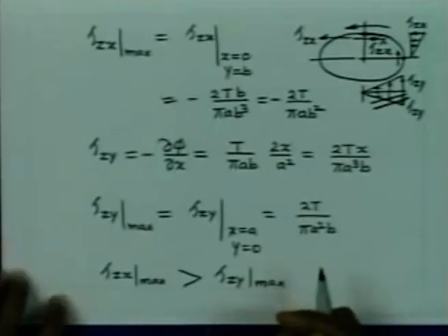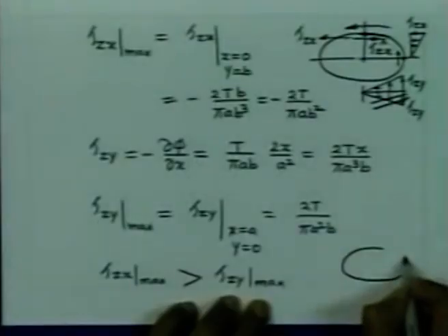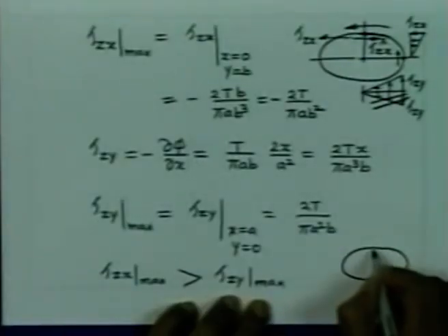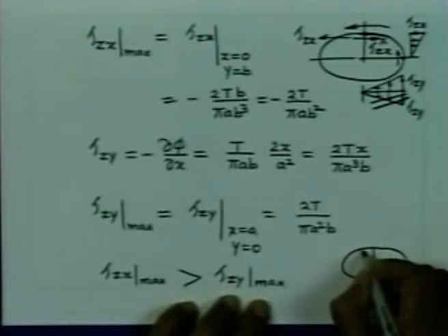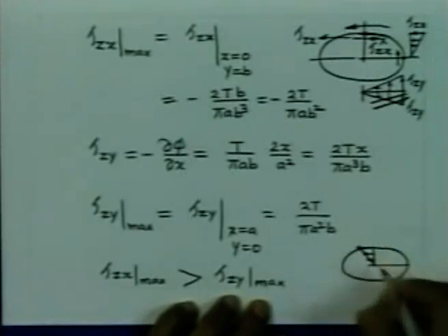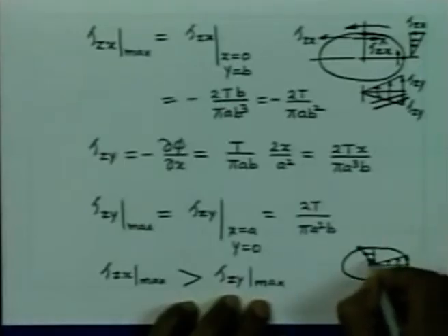So, in this cross section you can certainly show the stresses to be like this, as we have shown in the case of circular cross section. It is going to be like this here, and it is going to be varying like this.